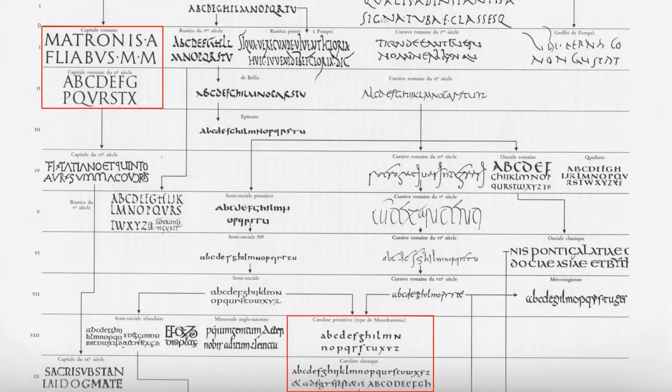There are some historical reasons to it. Trajan is a revival made out of an inscription, and there was no lowercase at the time when those letters were carved. So thanks to this beautiful timeline, you can see the first lowercase model arrived much later in history. See the Caroline primitive in the red frame. So lowercase are the result of an uppercase distortion through centuries.